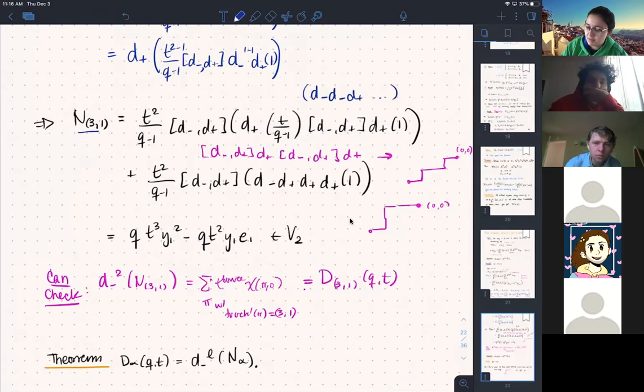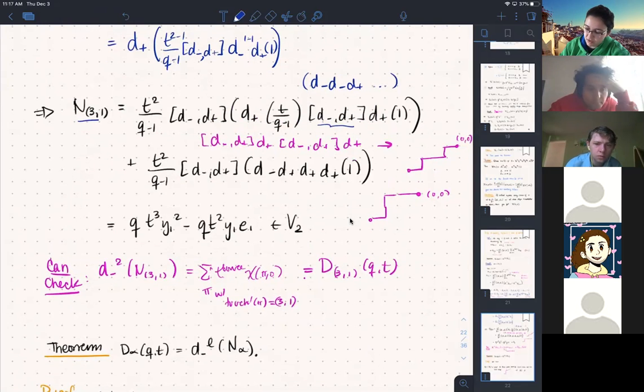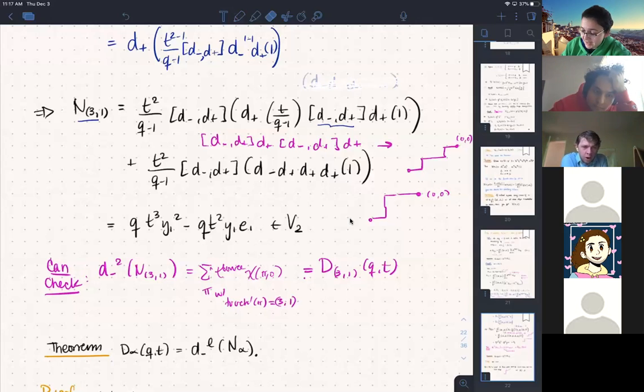So a sum of 4 terms, each of which has 6 products of d pluses or d minuses. If you undo the commutator, you get 2 terms out of that, and so on. And the point is that each of those 4 summands that show up in this expression is indexing a different dict path with touch point 3, 1.